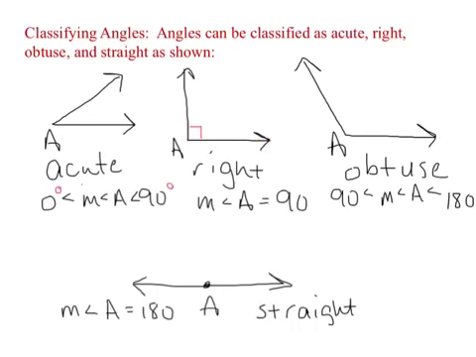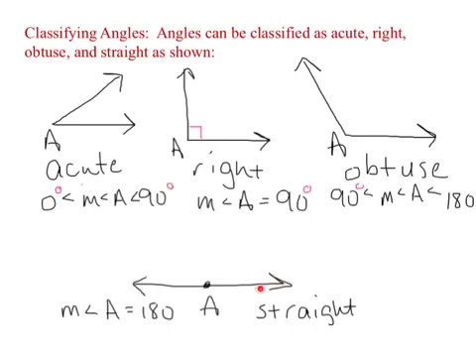A right angle: the measure of angle A is equal to 90 degrees. An obtuse angle, here we have an obtuse angle. The measure of angle A is greater than 90 degrees and less than 180 degrees.